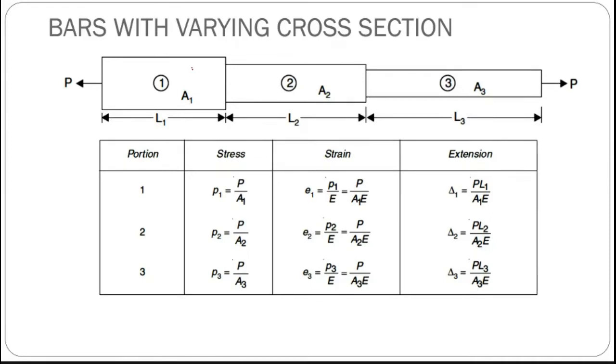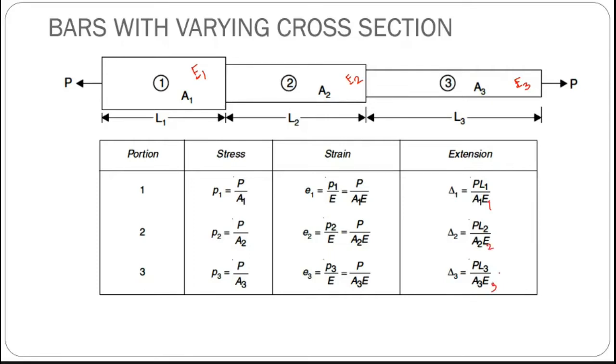If you have varying material also, this is E1, this is E2, and this is E3. If it is a single material, no need to worry, everything is E. If it is different material, then you can put E1, E2, and E3.